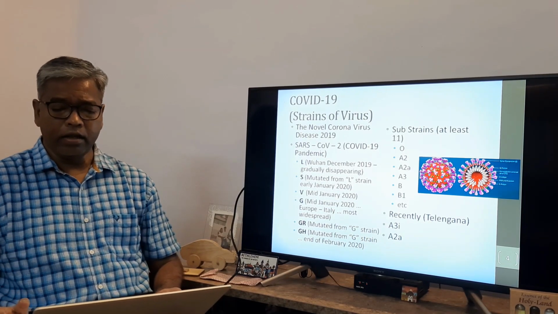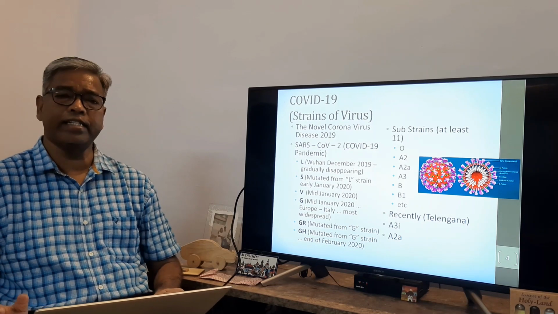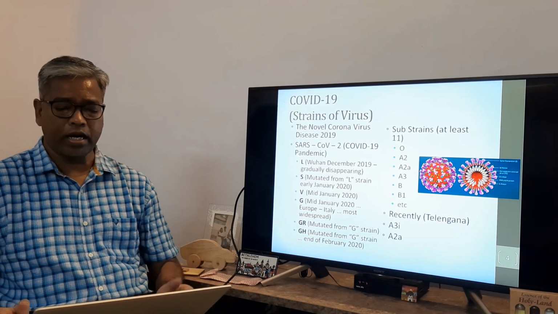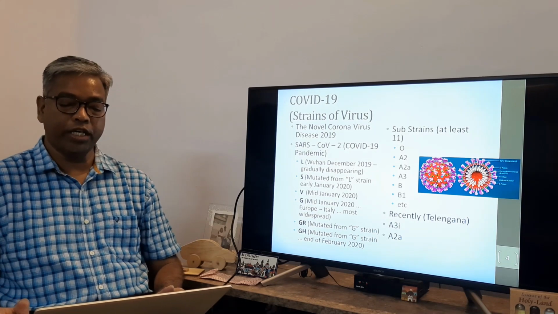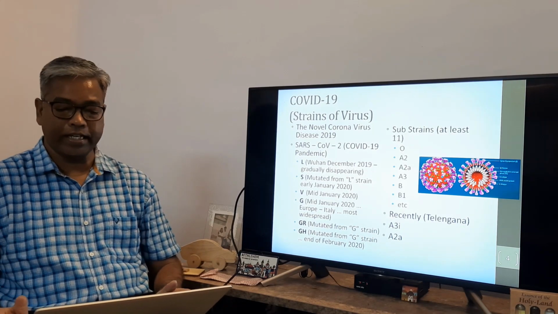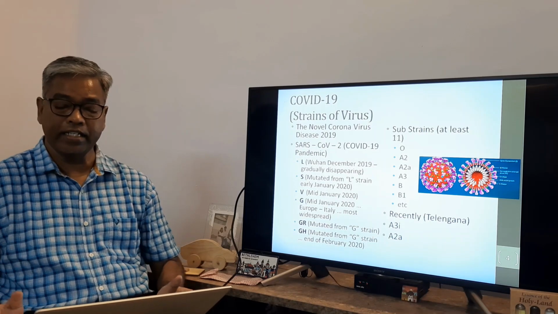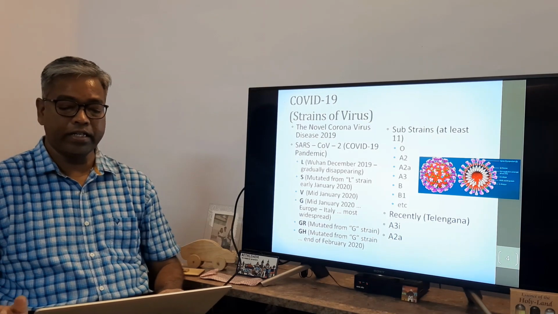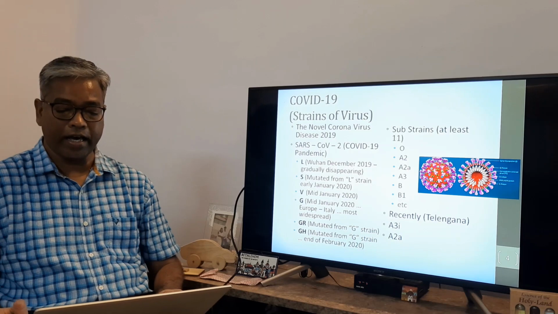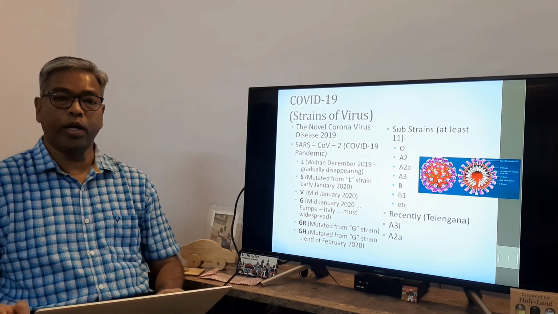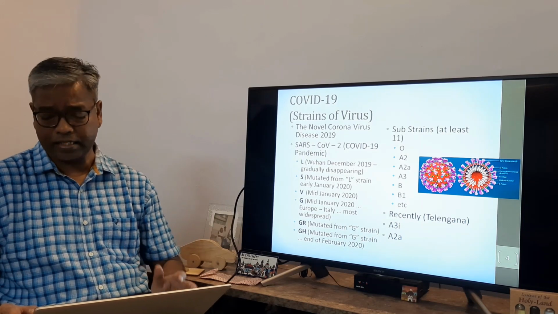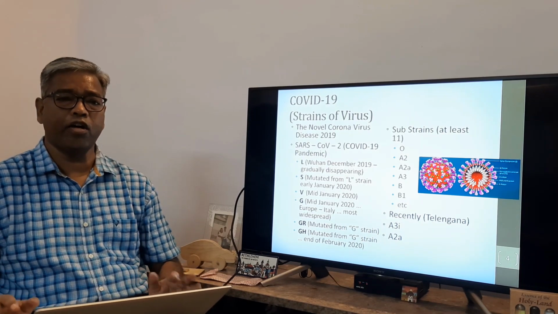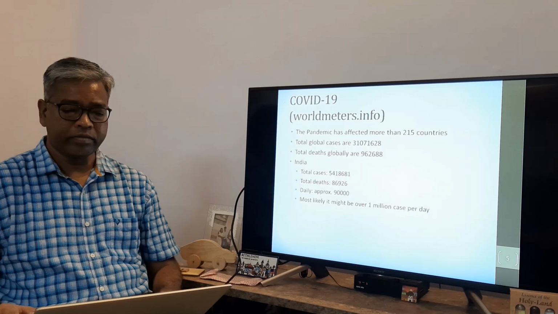There are many substrains, at least 11 of those, like O, A2, A2A, A3, B, B1, etc. And recently in India, in Telangana, they discovered A3I or A2A. So there are many strains, but at least 11 are very confidently identified.